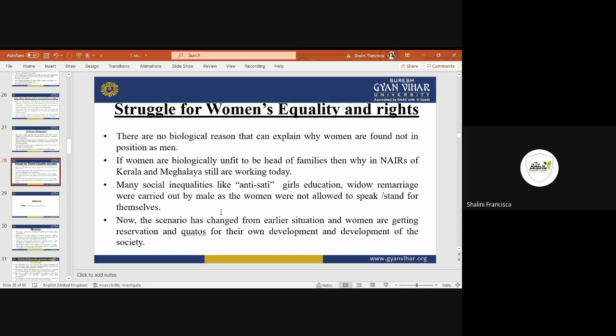If you see the first point here, there is no biological reason that can explain why women are not in the same position as men. If you talk about the male's power and strength, you can't say that a woman cannot lift this many kgs of weight.